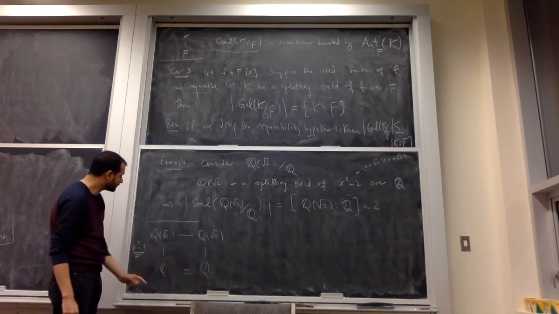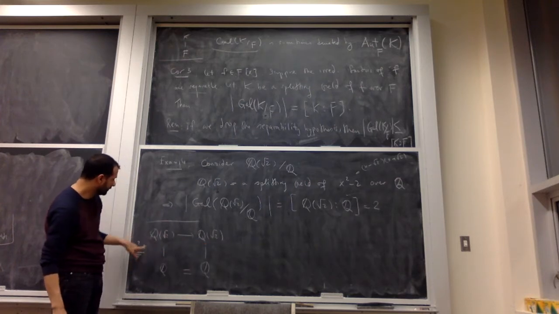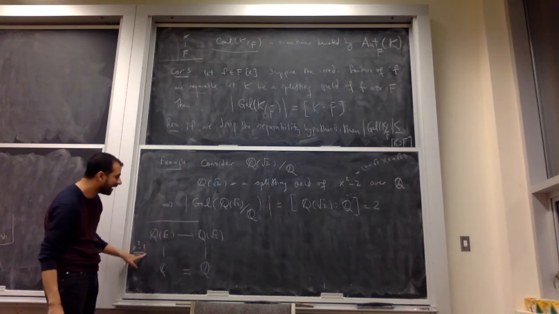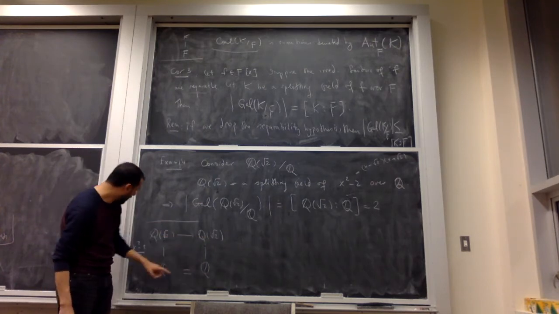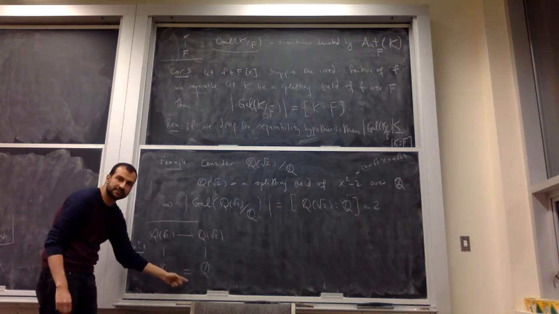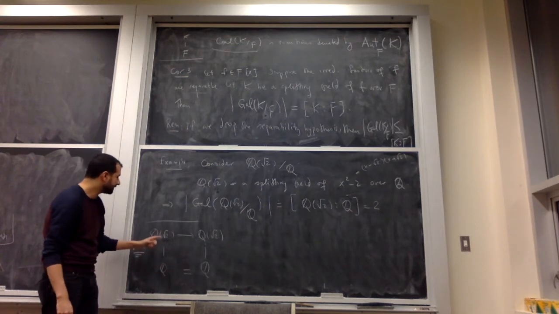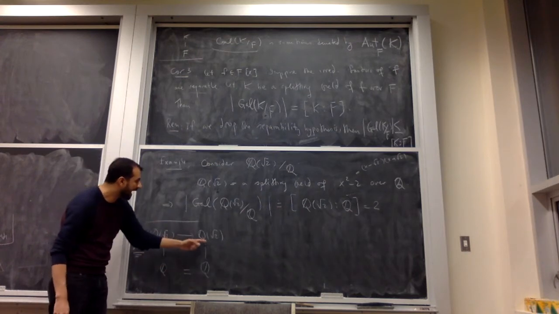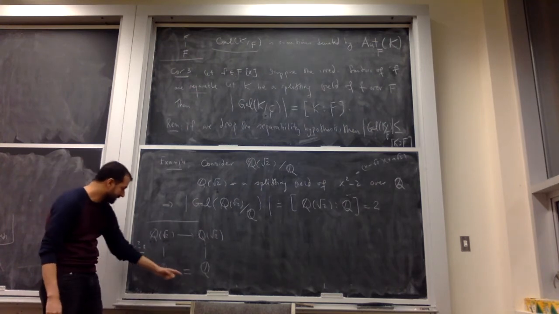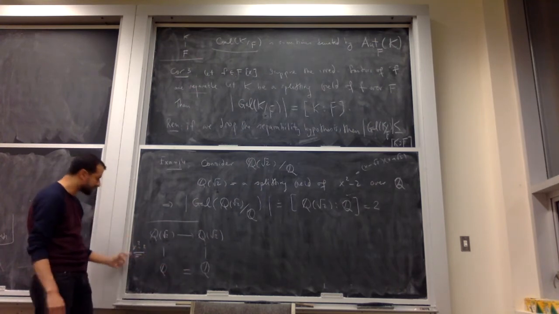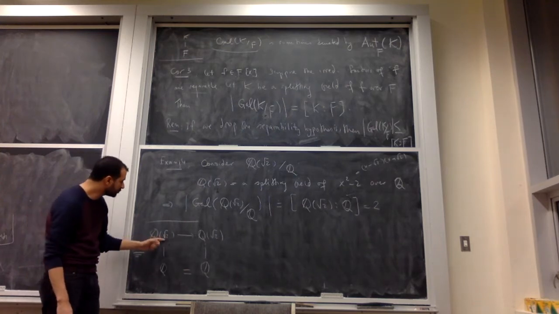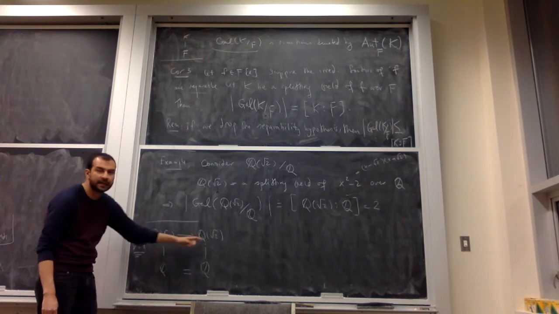Remember, you have to send alpha, a root of this polynomial f, to a root alpha prime of sigma star of f. If I call this map sigma, sigma star of this is just itself, since sigma is identity. You have to send root 2 to a root of this polynomial in there.